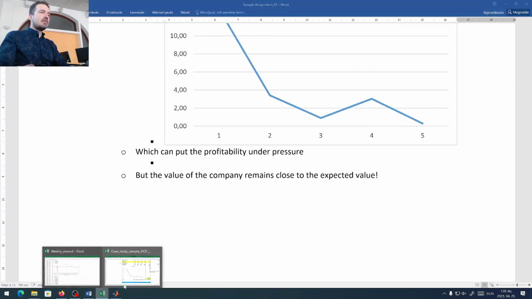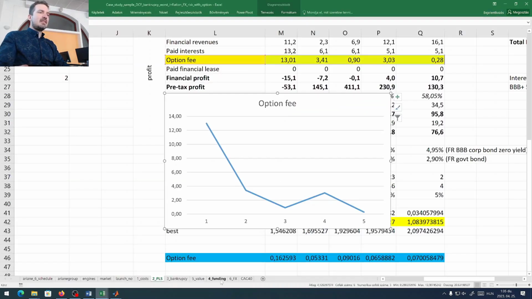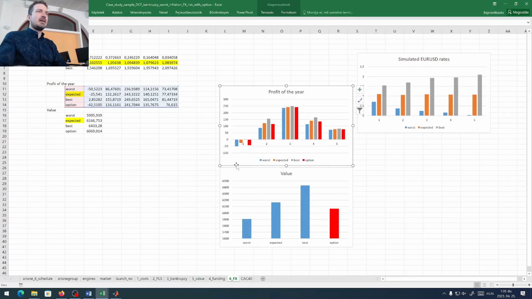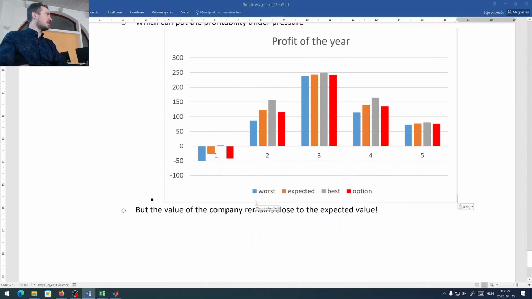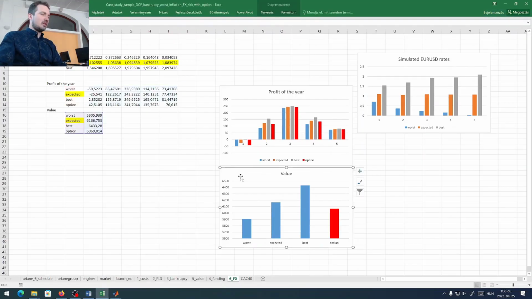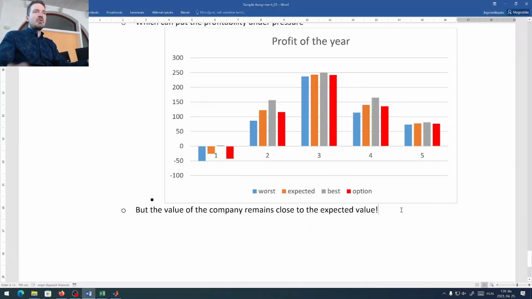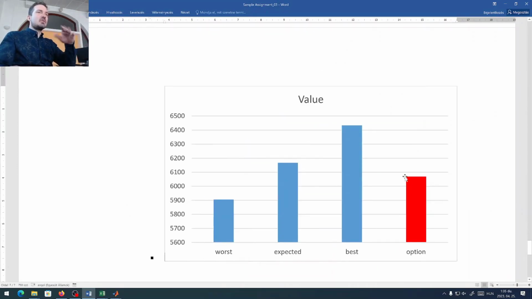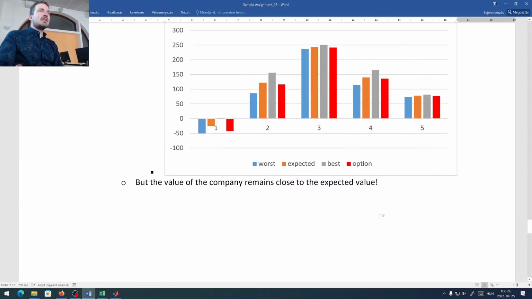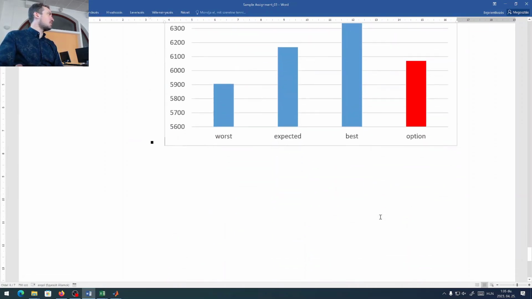So this is where we cannot say exactly that this is a good idea or bad idea, but let the management decide whether we want to run this or not. Because for me, I would sleep completely well if I would say that okay, let's use options. But at the same time, we have to sell it also to the shareholders.